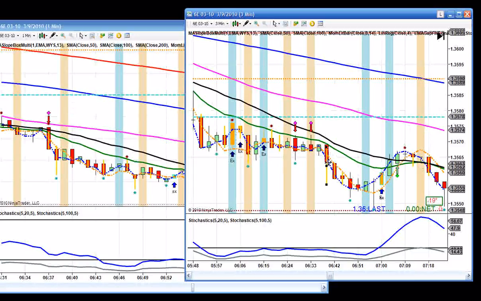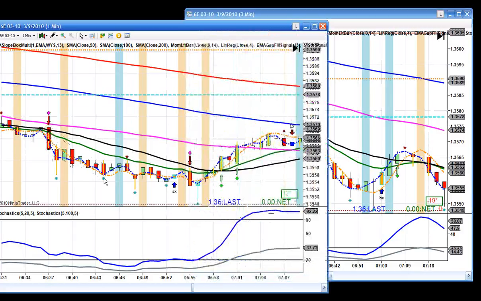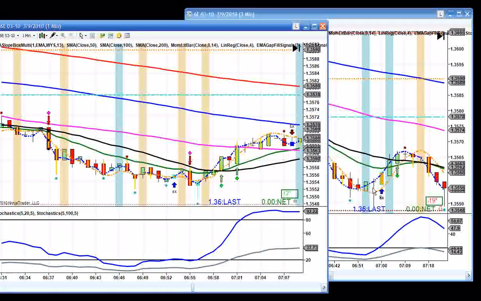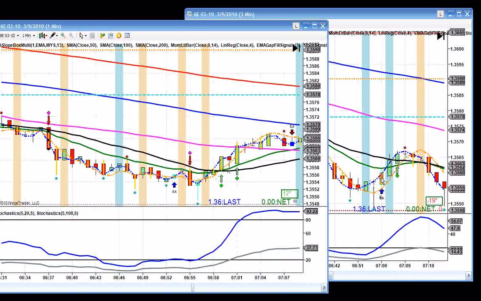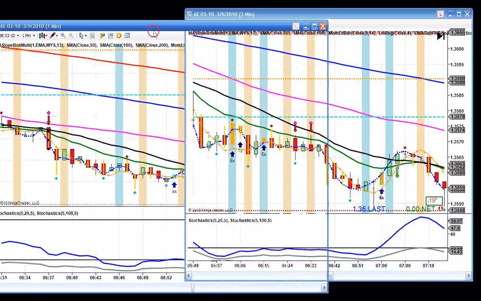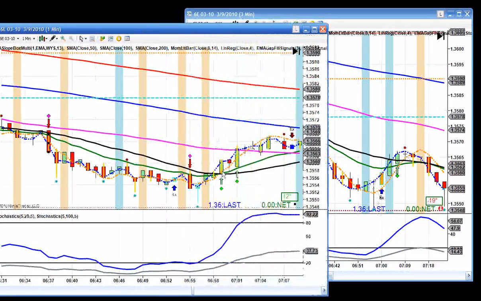Here was your good clear trade entry at 6:42, and as you can see, it showed us on the 1 minute, there was your clear trade coming back down. And then finally we had a gap close here around 7 o'clock, which was a nice gap close on the 3 minute chart. You could make your entry on the second candle, which will give you your nice clear trade start on your 1 minute chart.